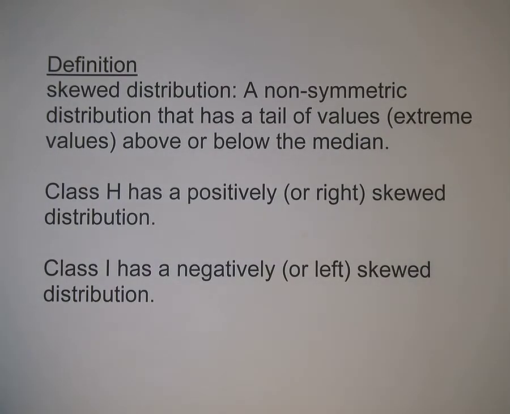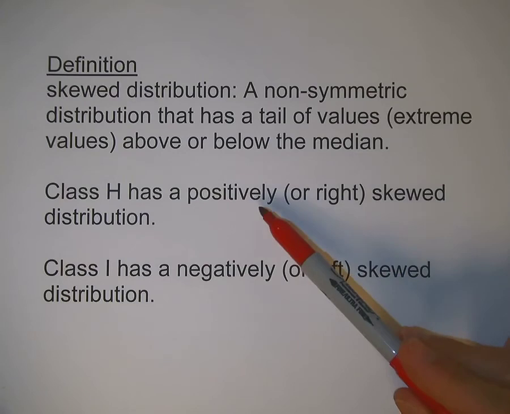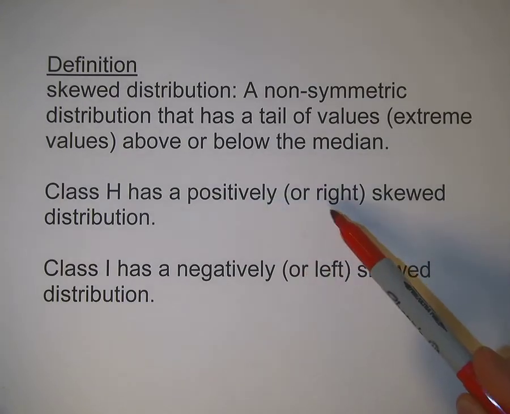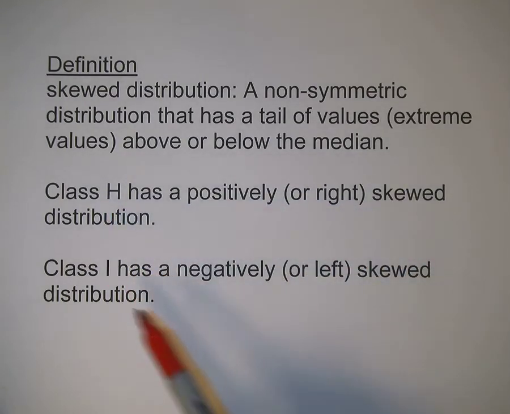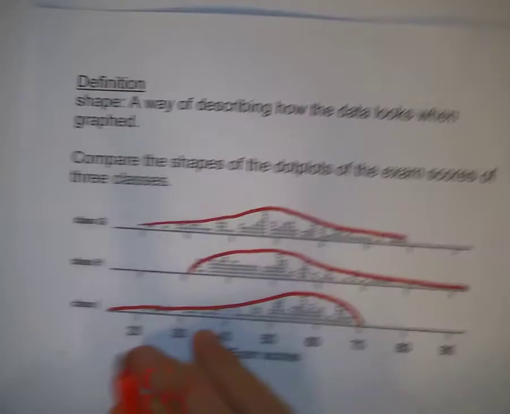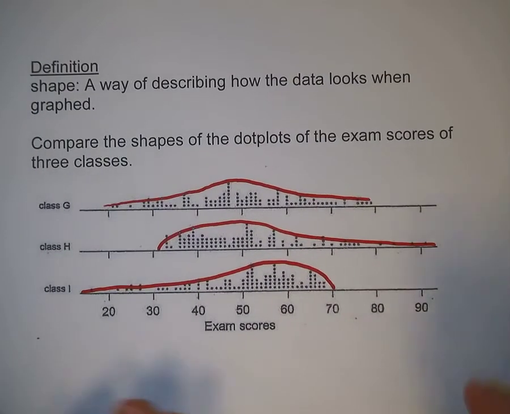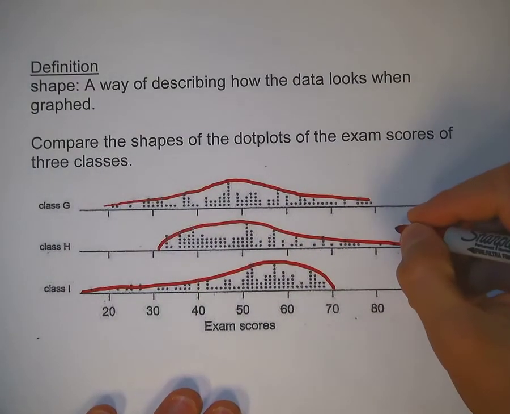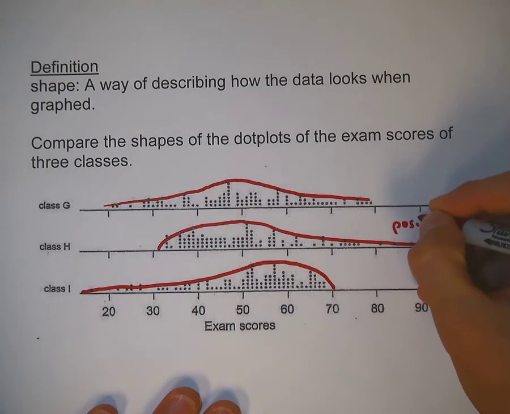If a distribution is not symmetric, sometimes it can be skewed. So a skewed distribution is a non-symmetric distribution that has a tail of values. The tail values are usually the extreme values above or below the median. And we talk about 2 different types of skew. A positive skew, sometimes called a right skew, is what class H was, and class I had a negatively skewed distribution, or a left skewed distribution. So if we go back again to the classes, this distribution here has a positive skew.